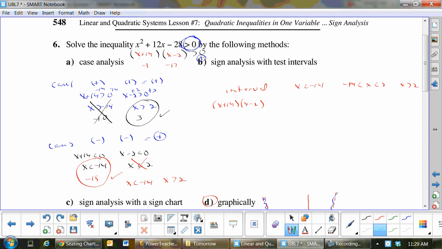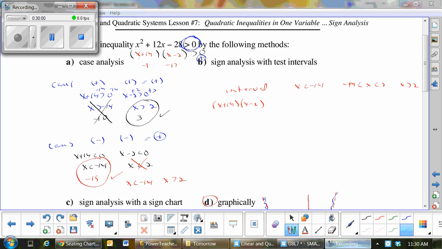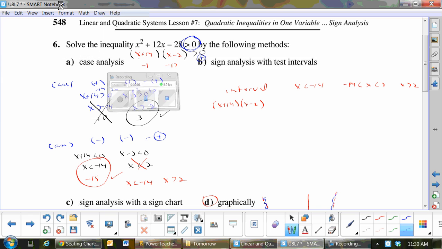So pick a number. What's a number less than negative 14?